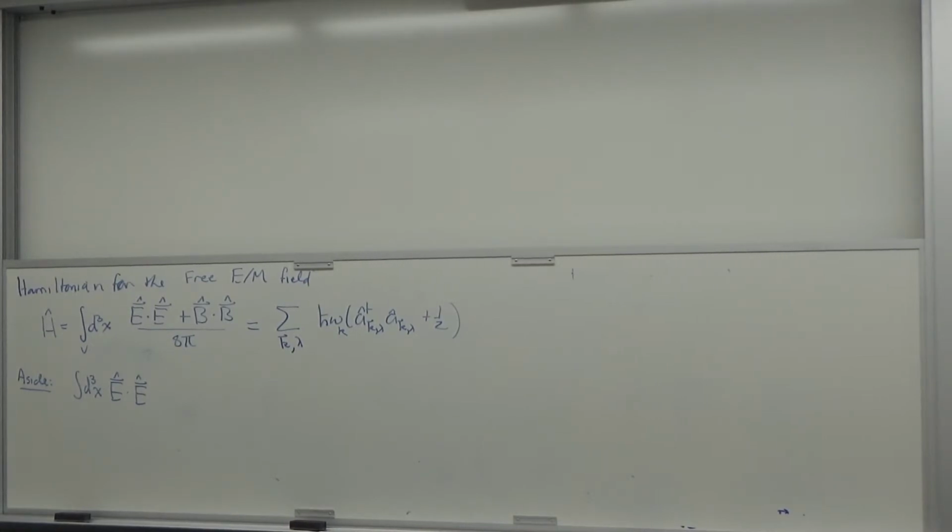We remember that e to the minus i omega t was the right convention for going around clockwise. And that's a positive frequency. So this term is called the positive frequency component of the field, and this term is called the negative frequency component.